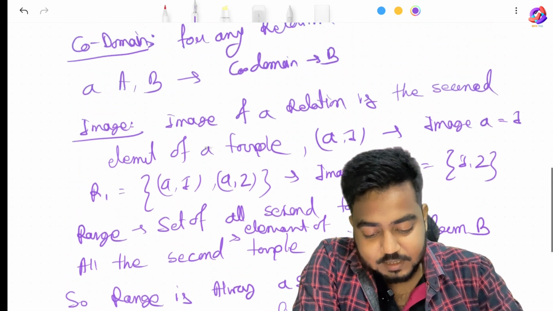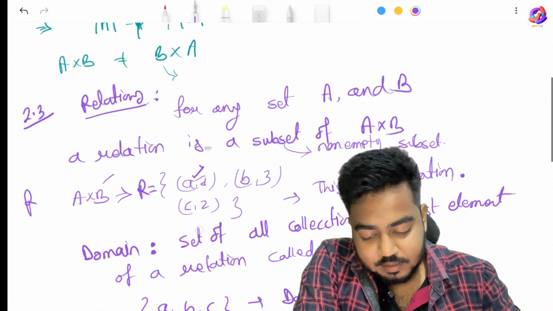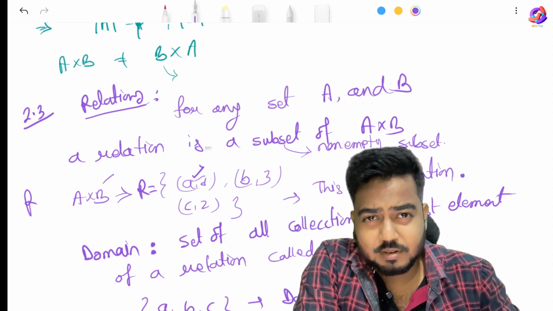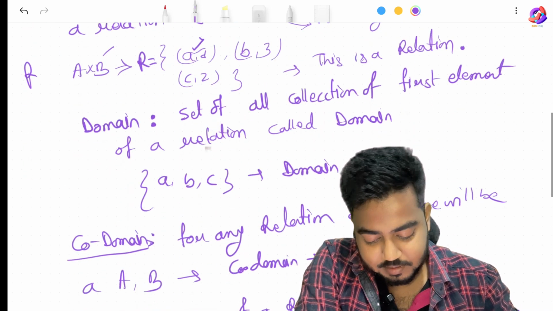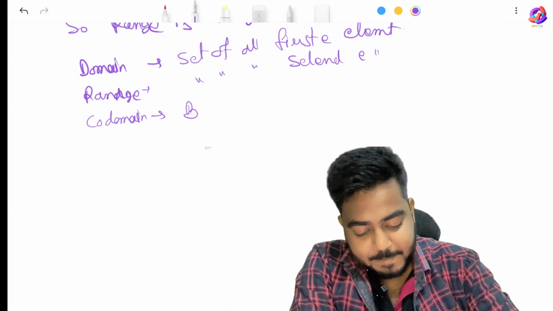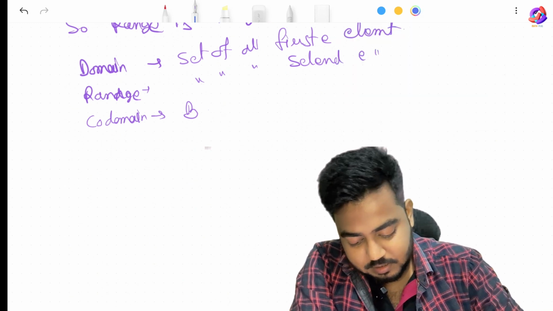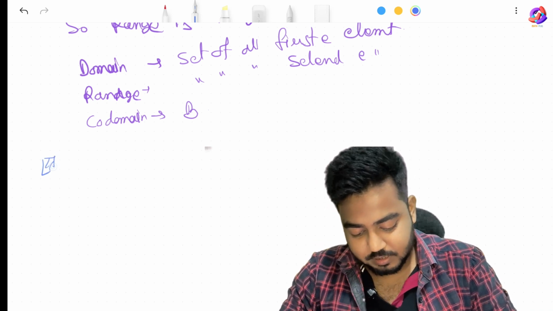We understand that any subset of a Cartesian product is a relation. Now, how many relations are there? Now understand this question.